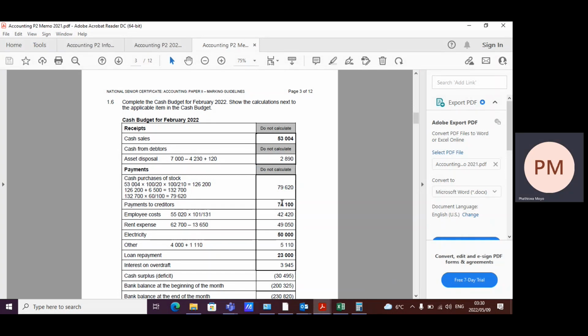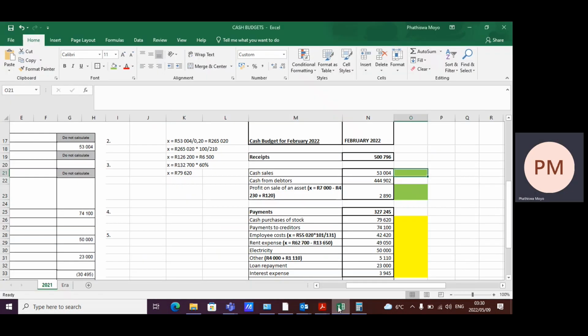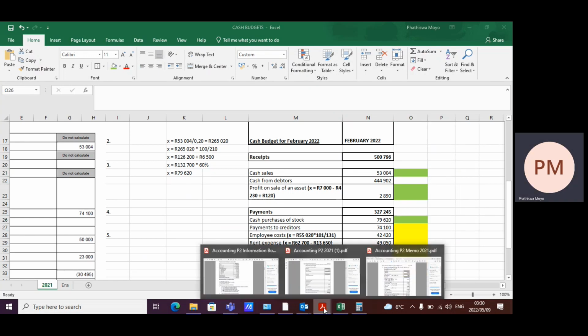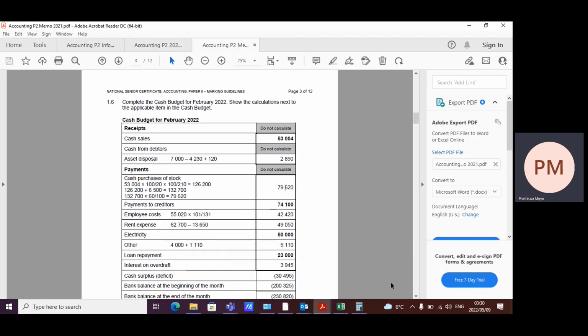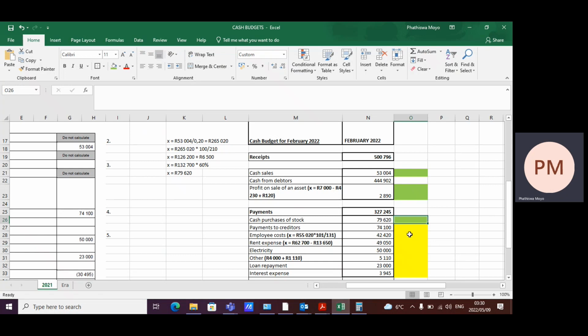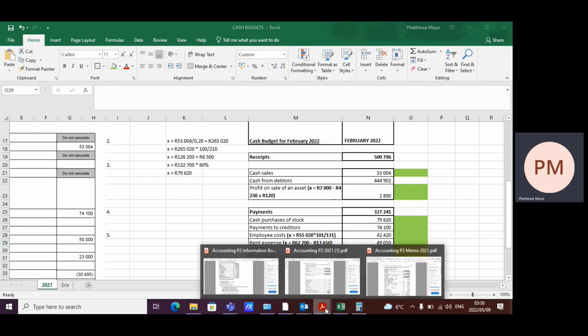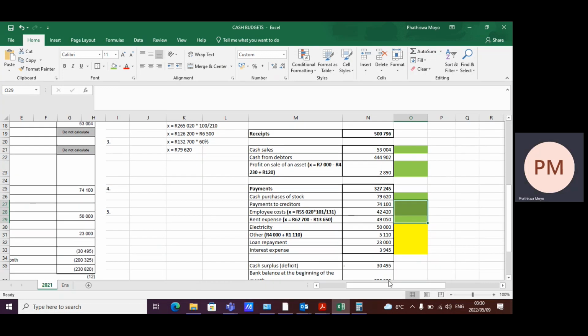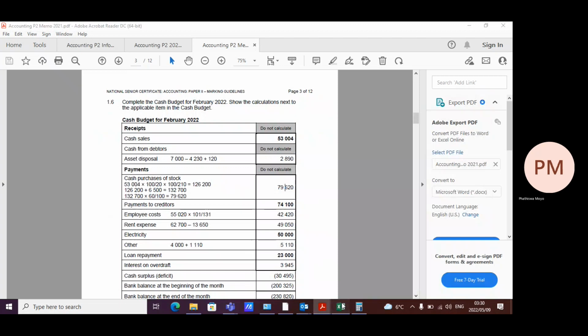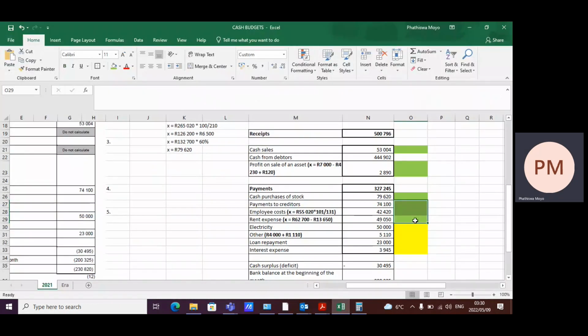This one was not calculated. 79,620. Correct. 4040. 1950. Correct. And so I said, start with the easy ones because the difficult ones will weigh you out. 23, 50,000.